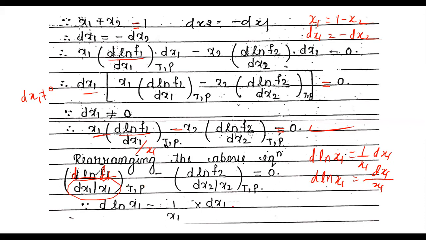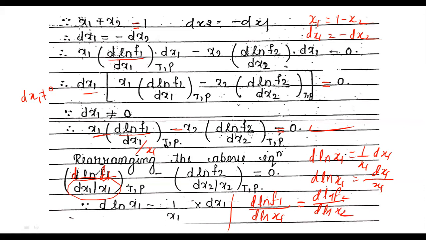So let us simplify this. Instead of writing this term, we can write the derivative of ln x1. So the derivative of ln x1 is equal to, taking this on this side it becomes positive, the derivative of ln f2 divided by the derivative of ln x2.